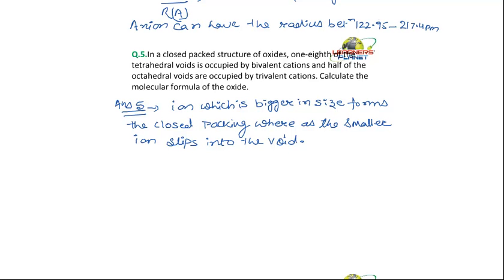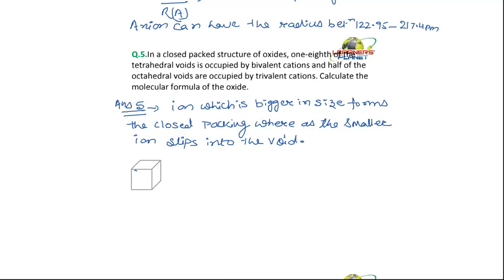The anion. So here we have got a bivalent cation as well as a trivalent cation, and we have got an oxide. It means the oxide ions are forming the closed packed structure. That is like this. Say if I have got this cube, so there are all the oxide ions.